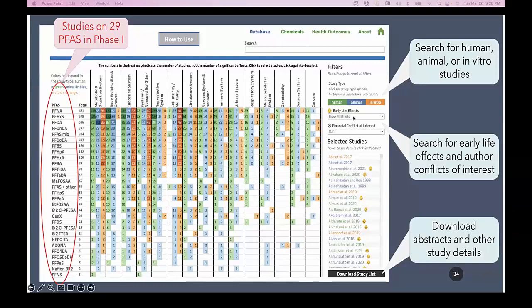And then under that, you can also search for author conflicts of interest, where it says financial conflict of interest. And you can download abstracts and other study details at the download study list button here at the bottom right. And that gives you a really nice Excel or CSV file with many different variables of interest that we extracted from each study.